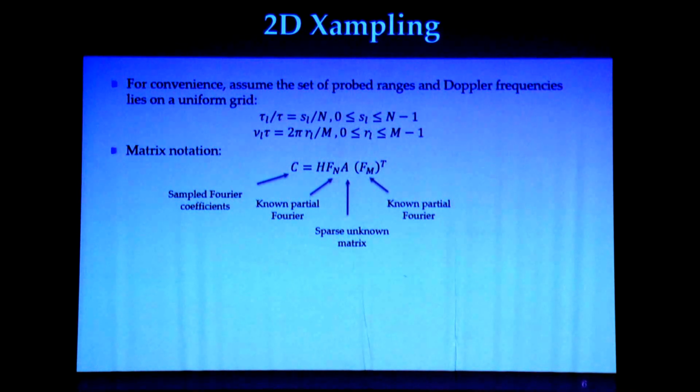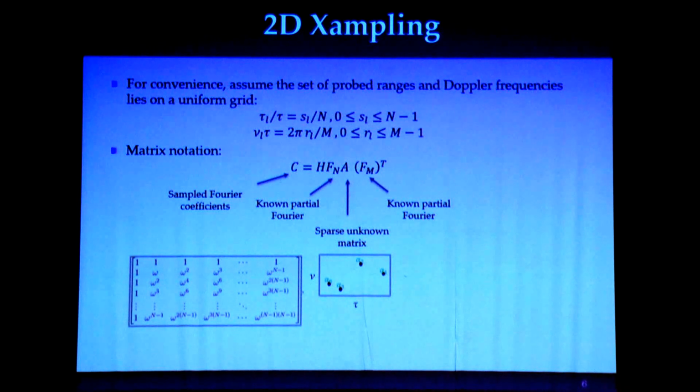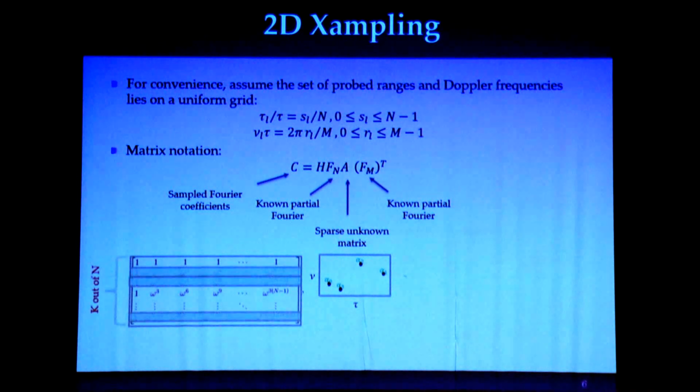We can write our Fourier coefficients as a matrix C as a function of the unknown parameters that we want to recover. Our unknown parameters are in this sparse matrix A, which contains the L amplitudes that correspond to our different targets, and the location of each amplitude in the matrix corresponds to the Doppler and delay that we look for. This is the unknown matrix that we want to recover. On the left side, we have this partial Fourier matrix.